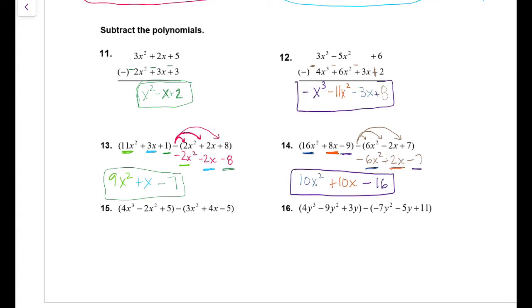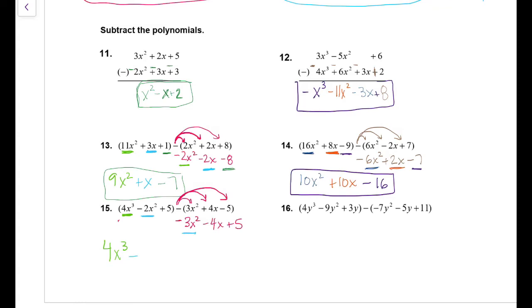On number 15, we're going to again take that negative and distribute it through. Negative 3x squared. We have a negative 4x, and a negative times a negative 5 gives us a positive 5. Looking here, I have a 4x cubed. Now there are no other x cubes in the whole expression, so we're just going to put 4x cubed.